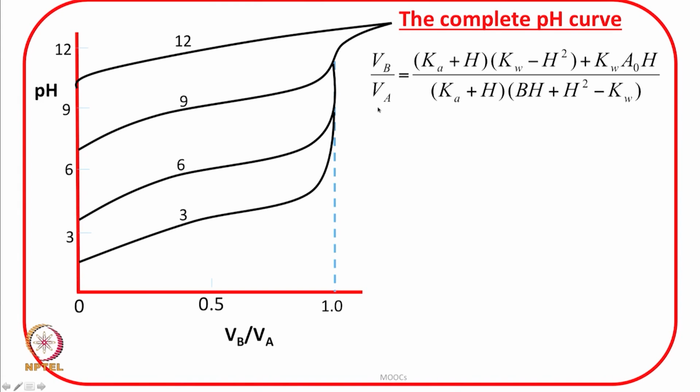For various Vb and Va, you get hydronium ion concentration for different Ka values, and those can be expressed in terms of pH, and then you generate these pH versus Vb by Va titration curves, and for different pK values you see how the pH will vary. So, this is the complete pH curve as a function of the volume of alkali added to the acid.